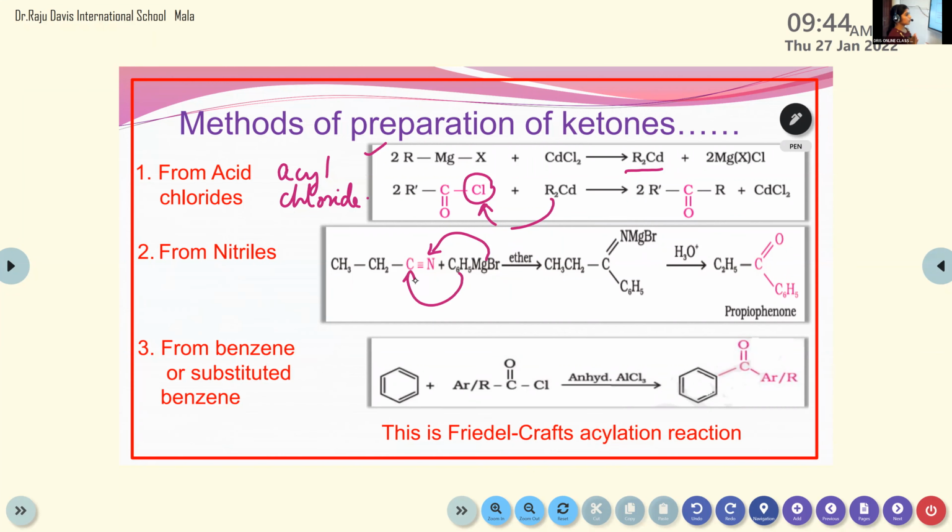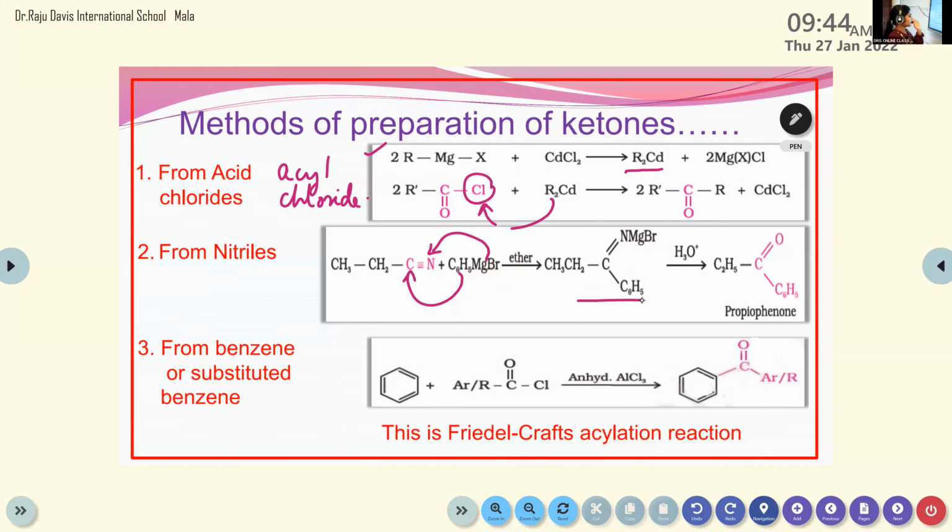So there is a triple bond between carbon and nitrogen. This triple bond breaks and it will be converted to a double bond. So in order to maintain the valency, MgBr will be attached to nitrogen and C6H5 will be attached to carbon. That is the first step, and the second one is the second product.